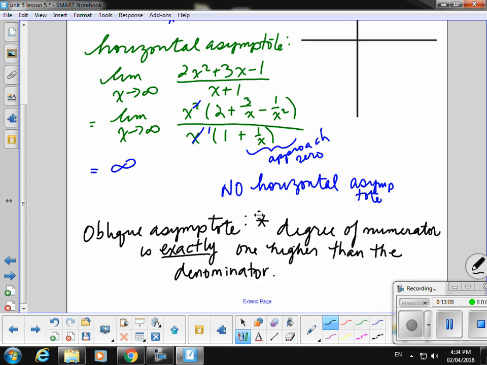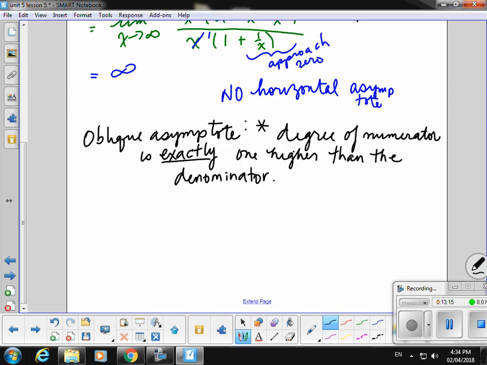All right, let's figure this out. If we have an oblique asymptote, I need to figure out what it is. It's some sort of a line. I am going to use long division, denominator into numerator. Okay, here we go.